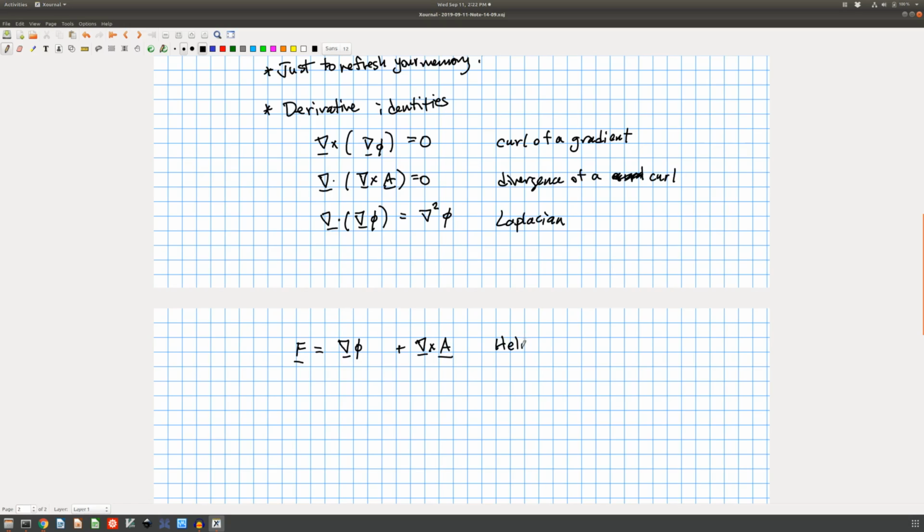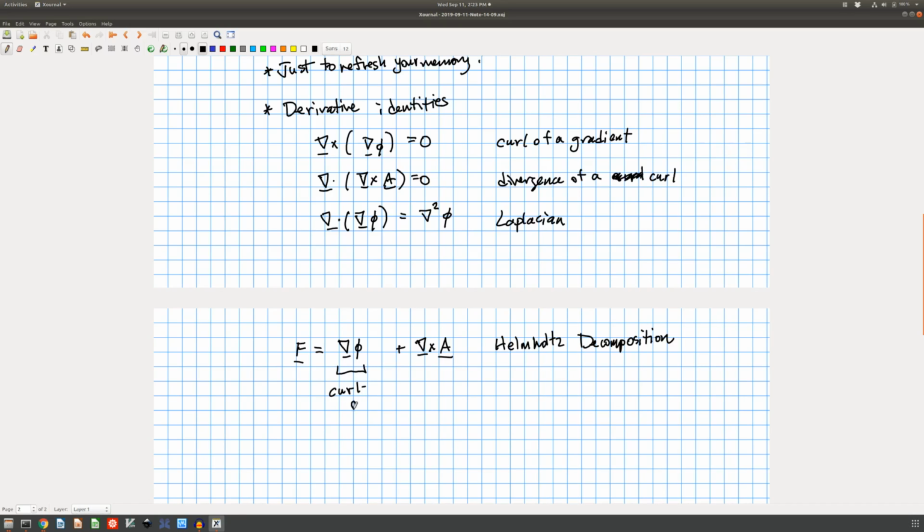This is called the Helmholtz decomposition. It turns out that any vector field can be written this way.